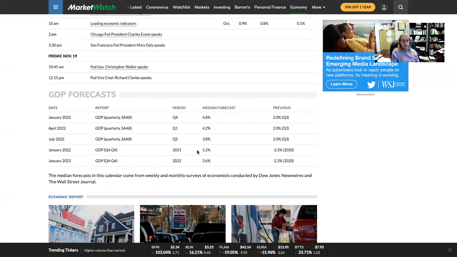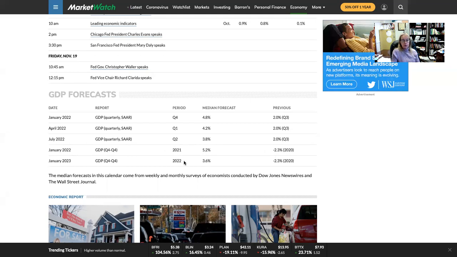So anyway, they're expecting a pretty good year, and then they think that's going to slack off. I'm sorry, wait a second. What have they done here? Okay, I'm sorry, this is 2020. This is the forecast for 2021, 5.2%, which makes sense because we're coming out of COVID.